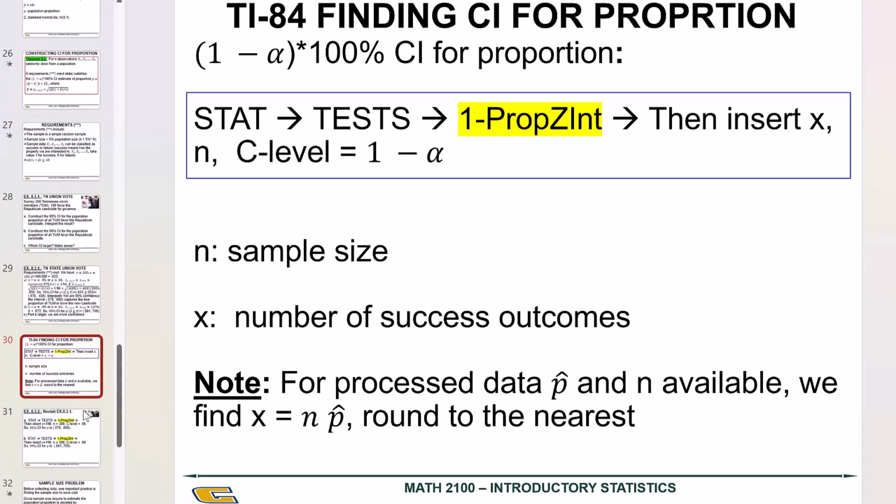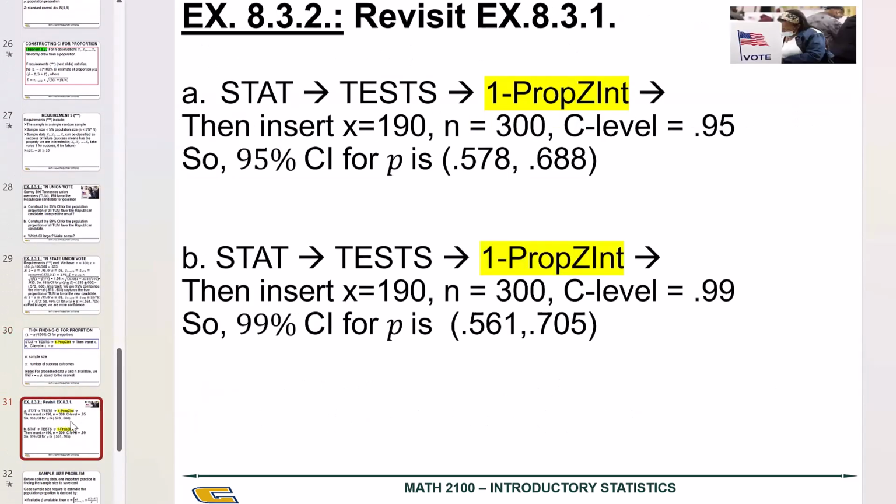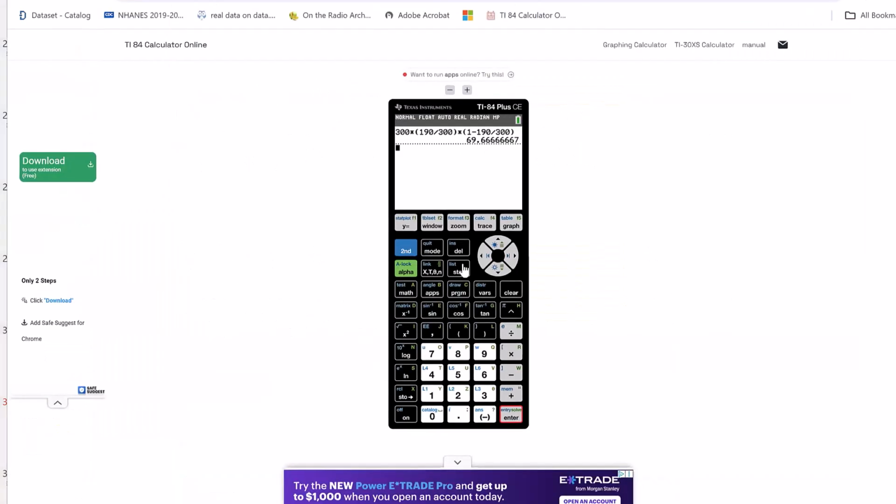So now we can also look at the TUM example, by looking at the 95% and 99% confidence intervals. For part A, you press STAT, TESTS, and do the one proportion z interval, option A, the one way below.